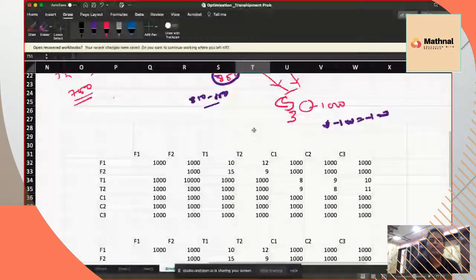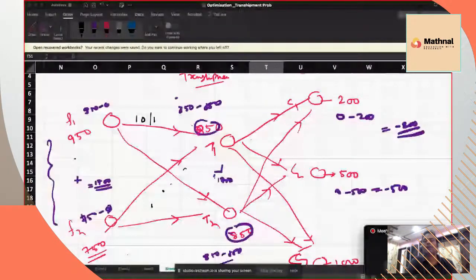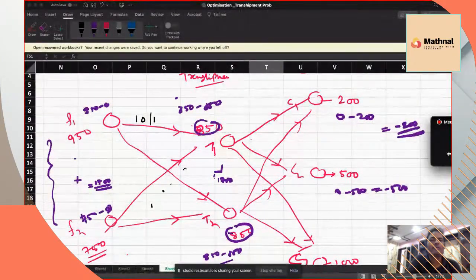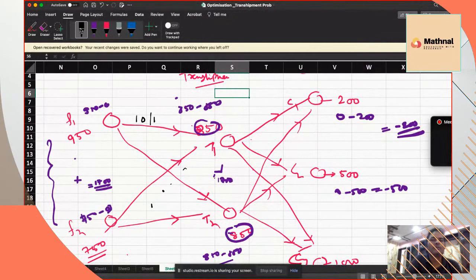So yesterday we discussed where is the outflow, where is the inflow, and where is the outflow and inflow. I'll repeat it once again. F1 and F2 are supply points.